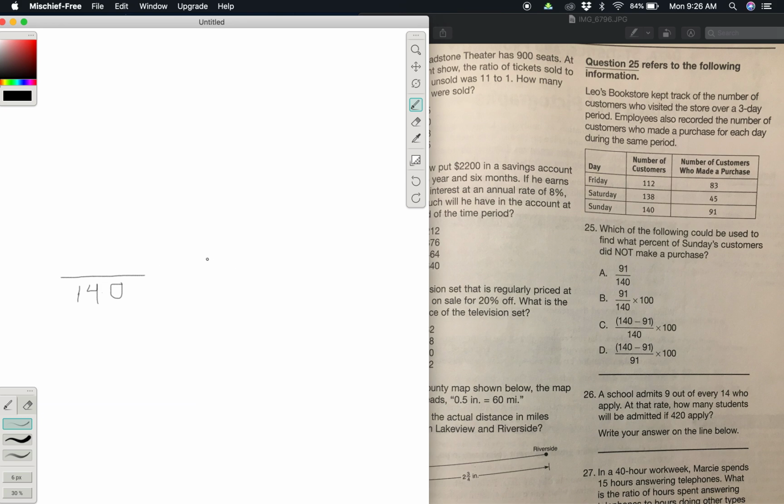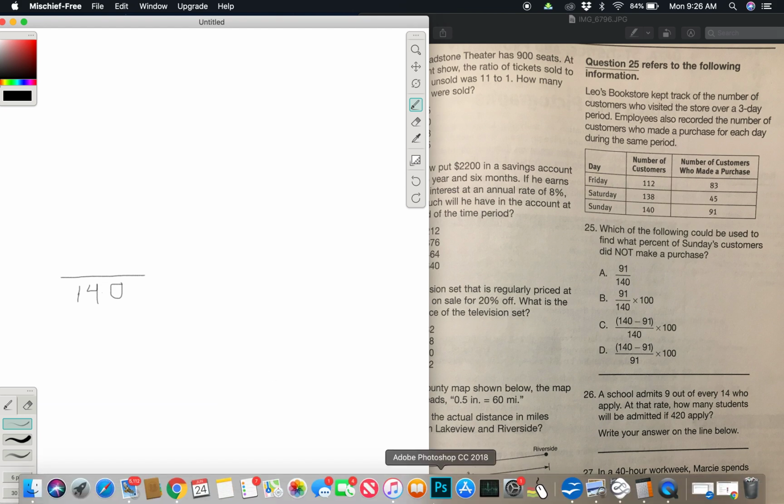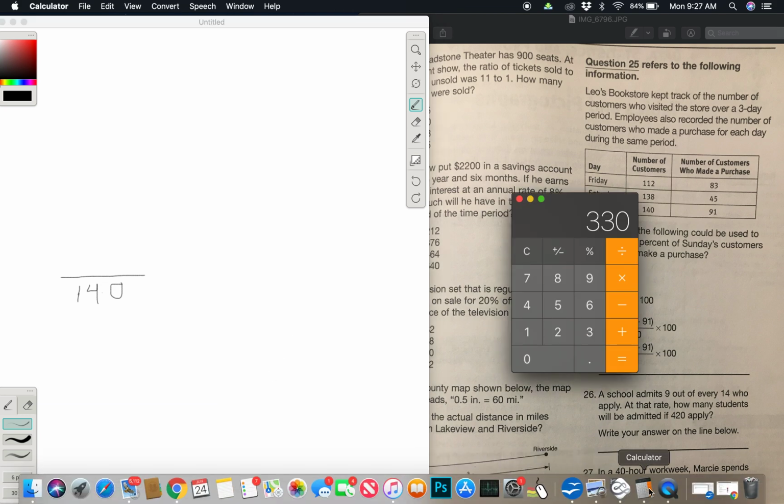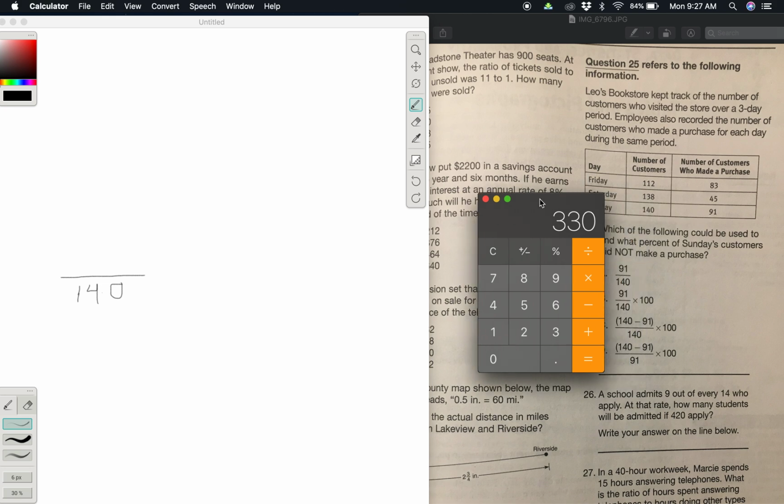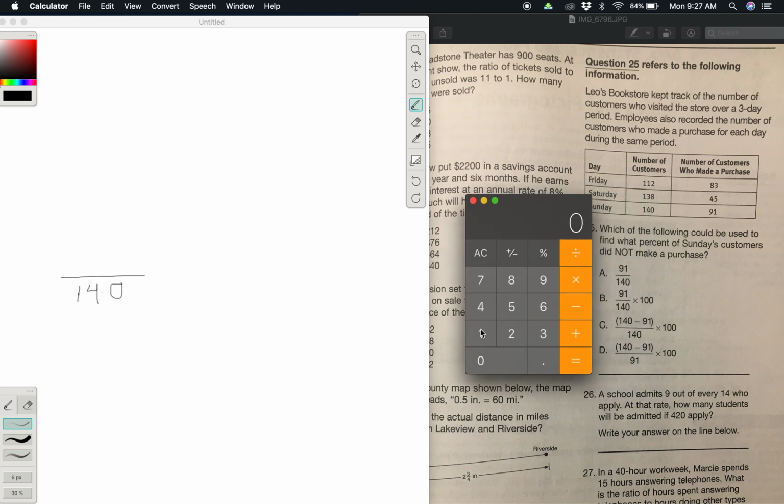Then we have the amount that actually did not purchase. So we have to find the difference there, and that would be 140, the customers that came in, minus 91, the customers that purchased, equals 49.